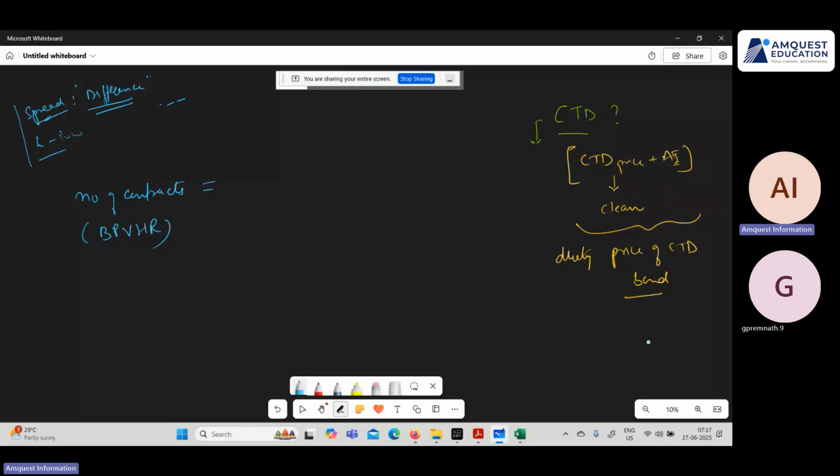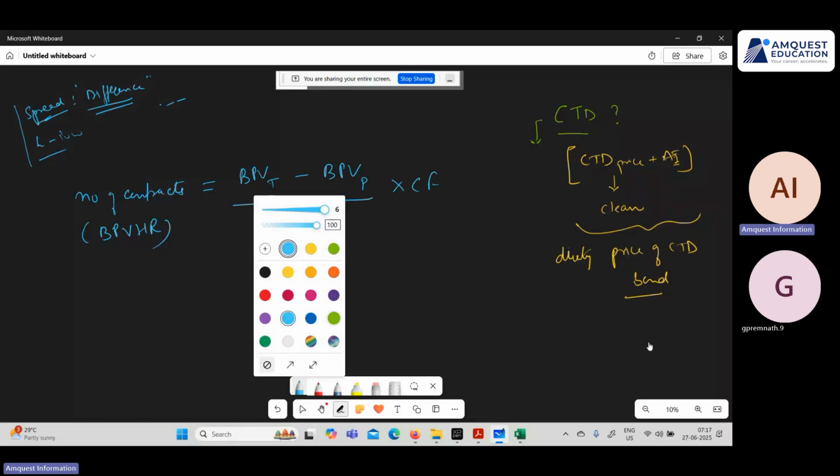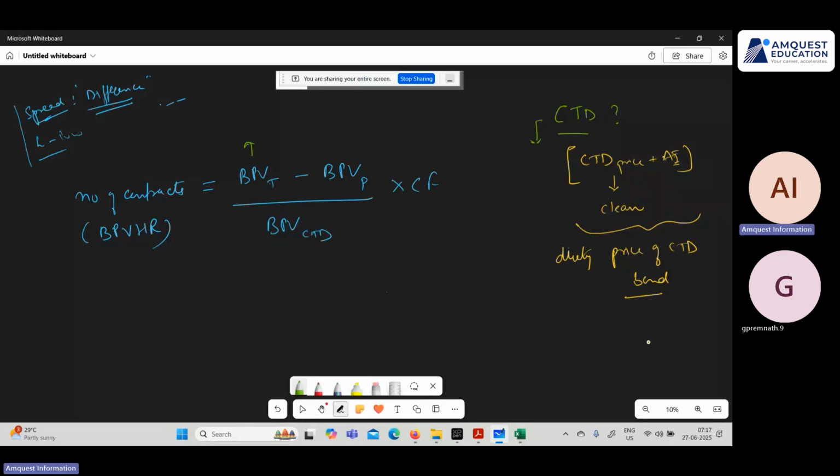So the number of contracts that I need to buy or sell would be given by the BPV of target minus the BPV of portfolio divided by the BPV of CTD multiplied by the conversion factor. Indirectly, the BPV of target is the modified duration of the target multiplied by 0.01% multiplied by the market value of the portfolio.